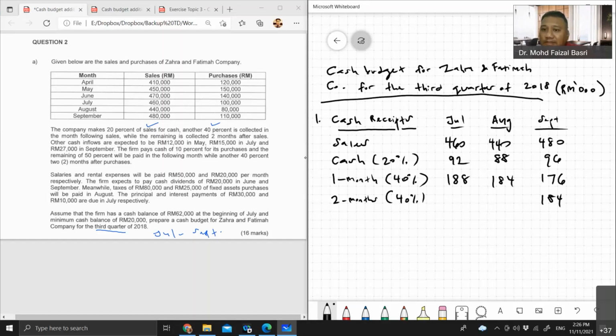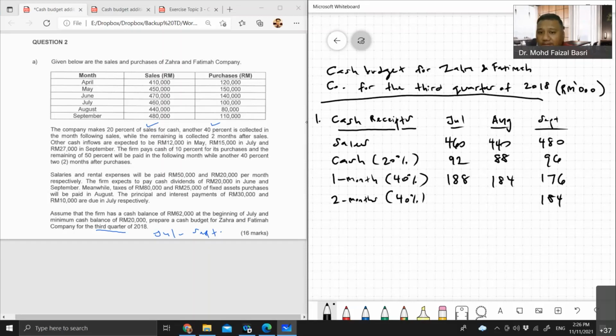Okay, so as you can notice here, September is complete. We have 3 pieces of information for September already for cash, 1 month and 2 months. So we are left with 2 empty spots here, July and also August. As you all know, we have to go backwards. For August, we need to refer to 2 months before August, which is June, and it's 470 earlier. So 470 at 40% is 188.